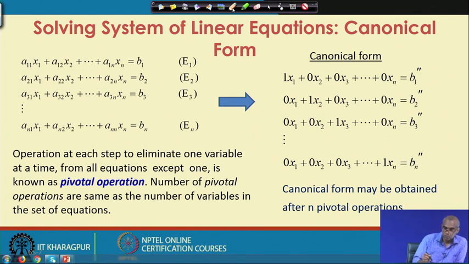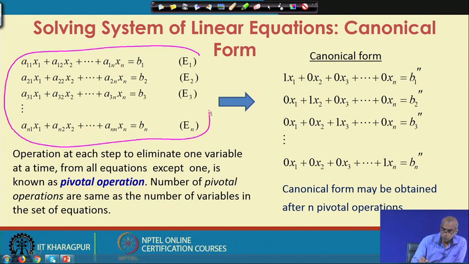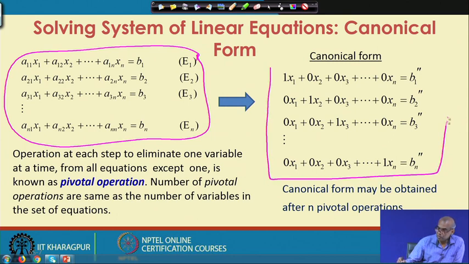So, when I have this set of linear equations and I perform those two elementary operations, it is possible for me to express this set of equations in a form known as canonical form.